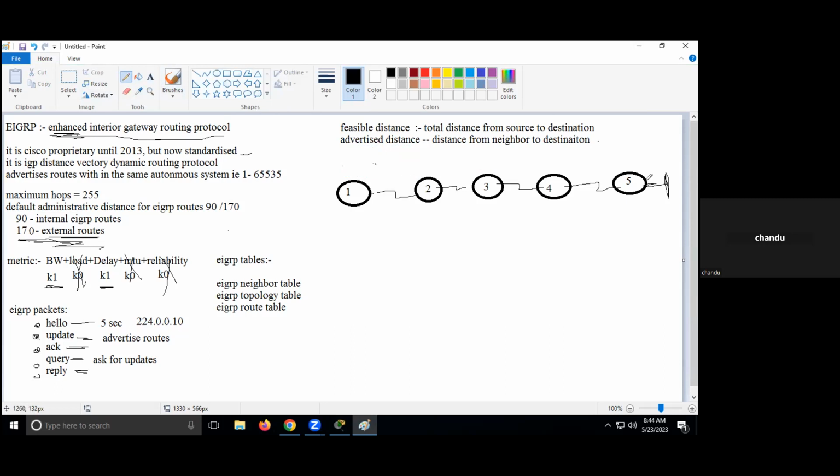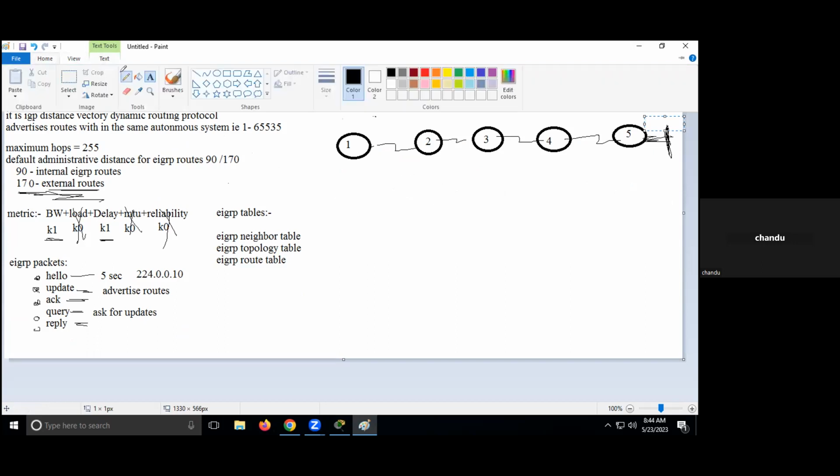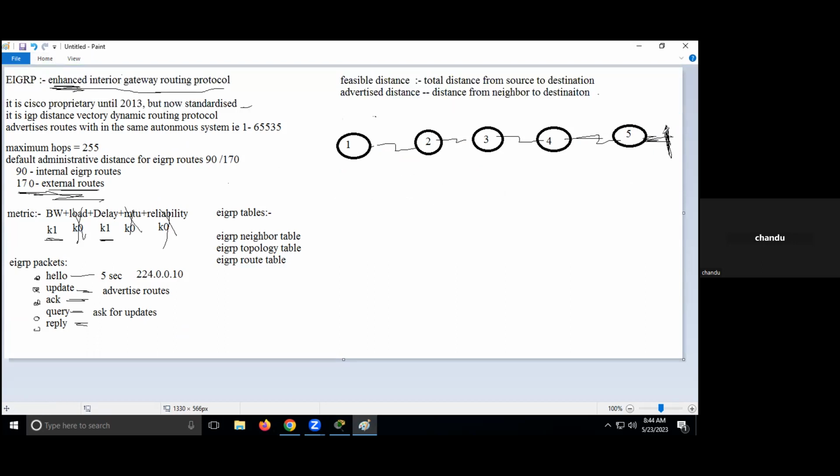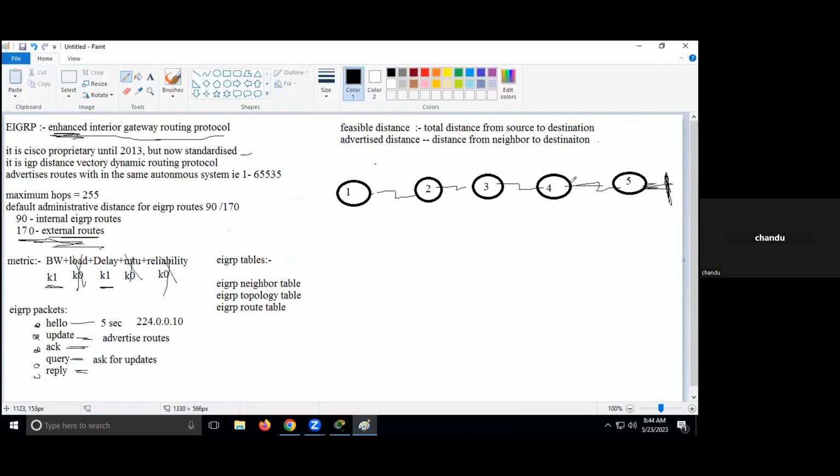See, router 5 has its own distance. Distance doesn't mean kilometers. It is in bandwidth and delay. For example, it has 100 Mbps. And what will router 4 do? Router 4 will advertise the distance of router 4 to router 5, and router 5's LAN, to router 3.